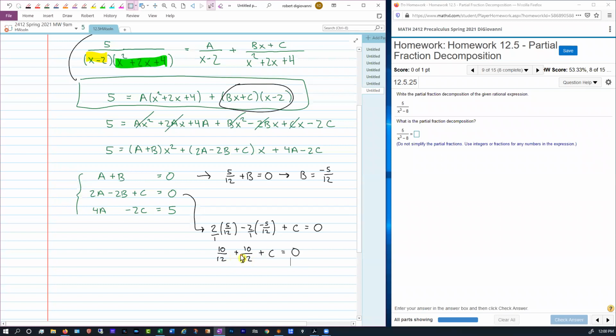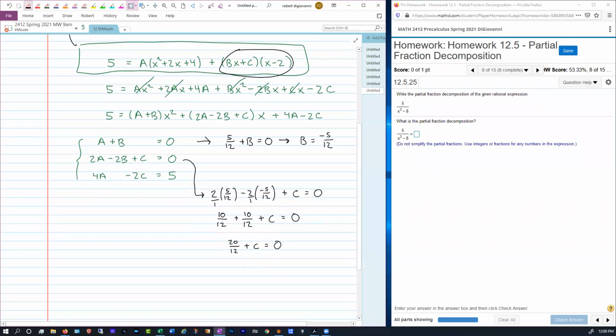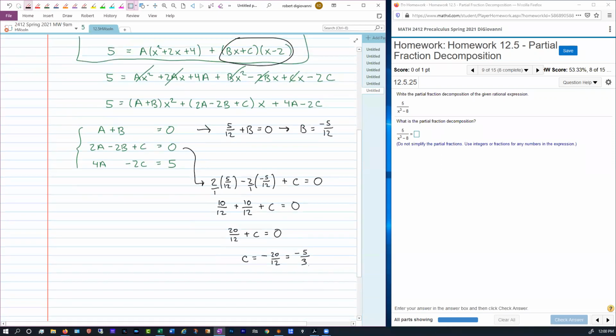Those have the same denominator, so I can add them together. 20 over 12 plus c equals 0, and just move that over to the other side. C is equal to negative 20 over 12, and that fraction reduces, 4 goes into both of those, to negative 5/3. So we know a, b, and c.